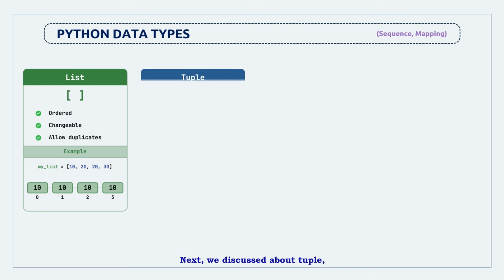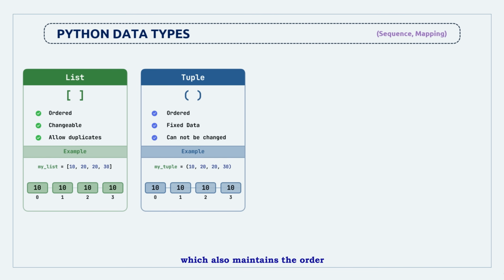Next, we discussed tuple, which also maintains the order of the data, but it stores fixed data. Once a tuple is created, it cannot be changed, meaning it cannot be modified.